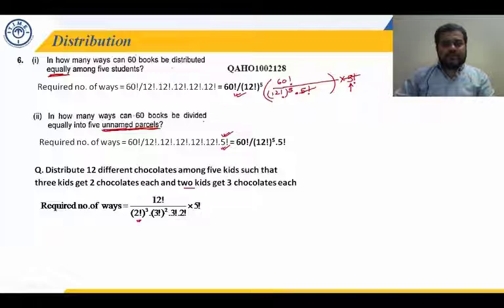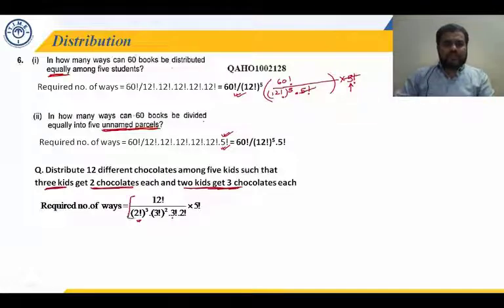But these 3 kids who are getting 2 chocolates each, these 3 lots of 2 chocolates will be identical. So divide by 3 factorial. And these 2 lots of 3 chocolates each, they will be identical. So divide by 2 factorial also.